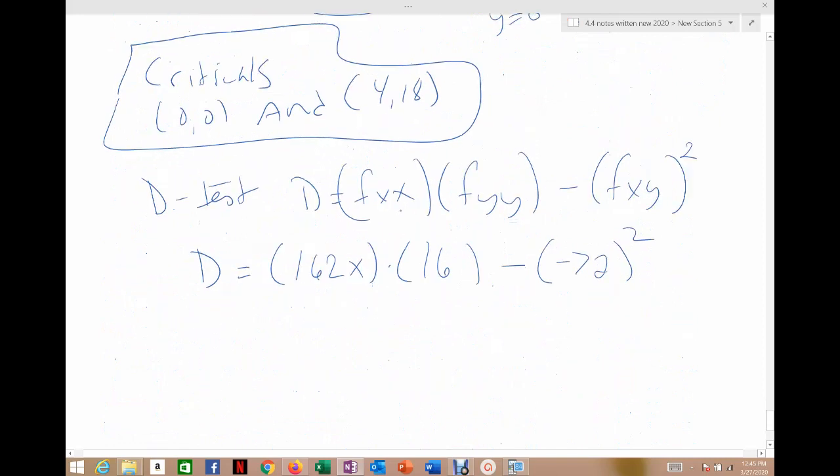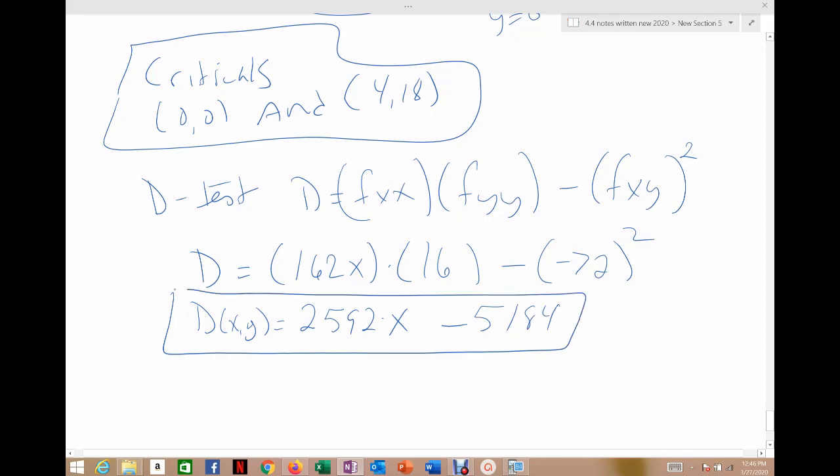My second derivative with respect to x was 162x. My second derivative with respect to y was 16, and my mixed derivative was negative 72. Alright, I'm going to go ahead and simplify that. So 16 times 162, 2,592 times x, and then 72 squared is 5,184. Alright, so there is my D equation.